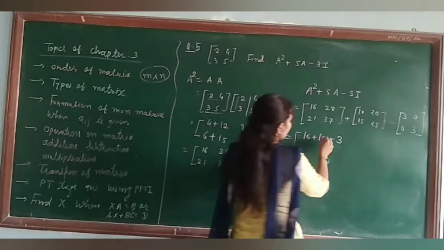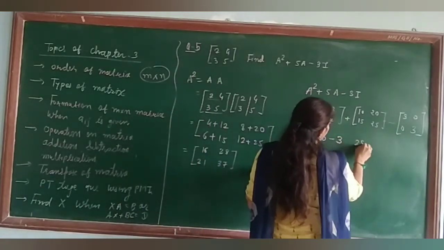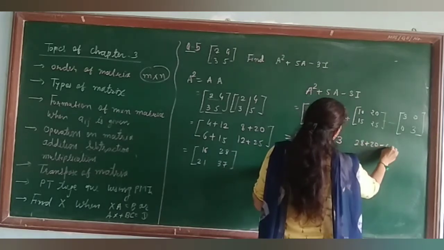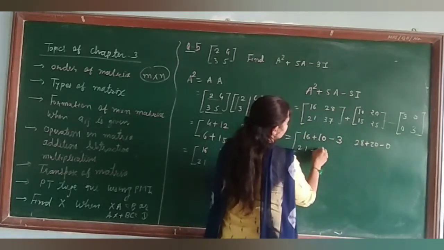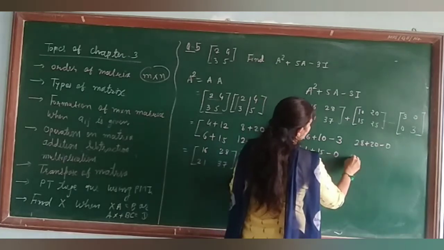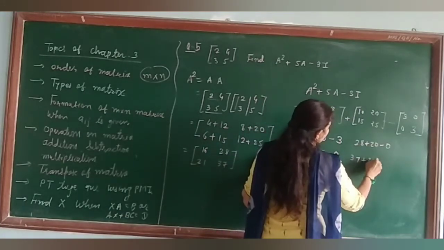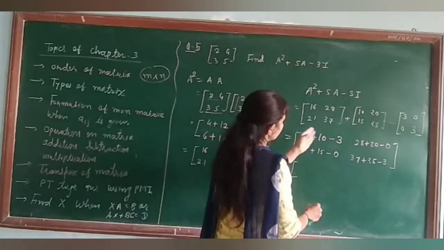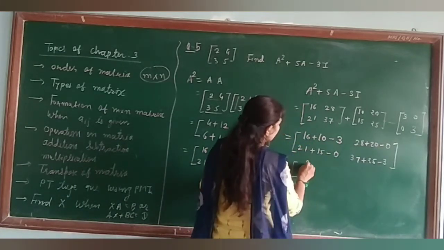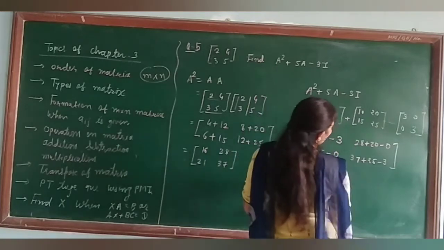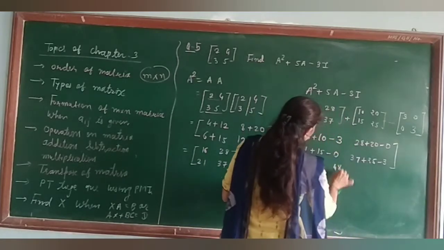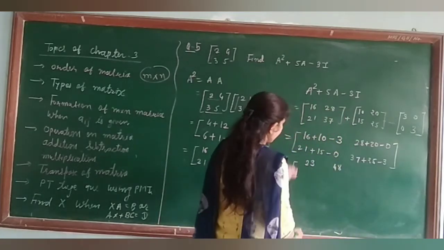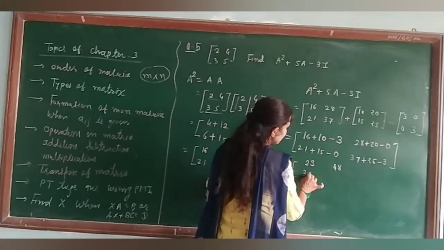So 16 plus 10 minus 3. 28 plus 20 minus 0. 21 plus 15 minus 0. 37 plus 25 minus 3. And your answer is 26 minus 3, so 23. Here 28 and 20, that is 48. 21 and 15, that is 36.